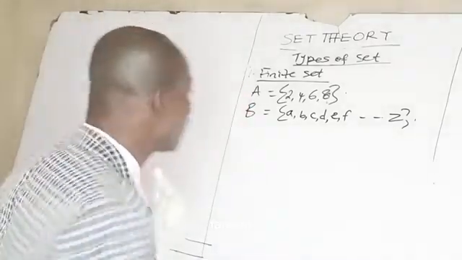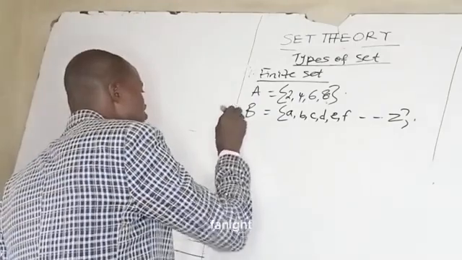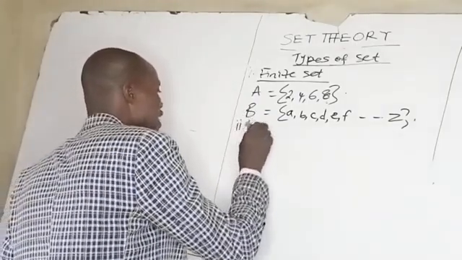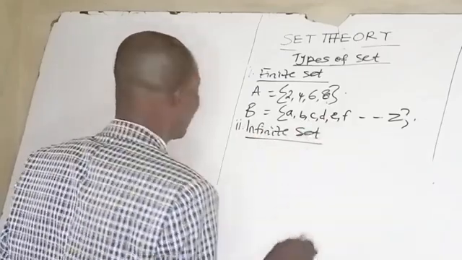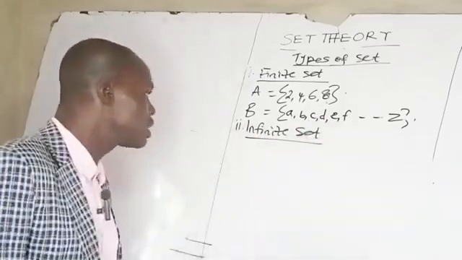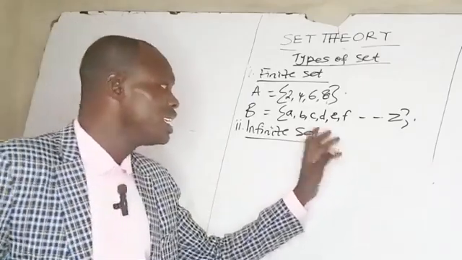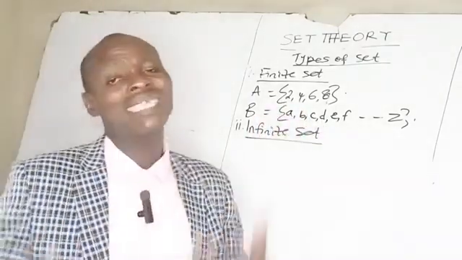Number 2, we have the infinite set, where the elements or members in a particular set cannot be counted.